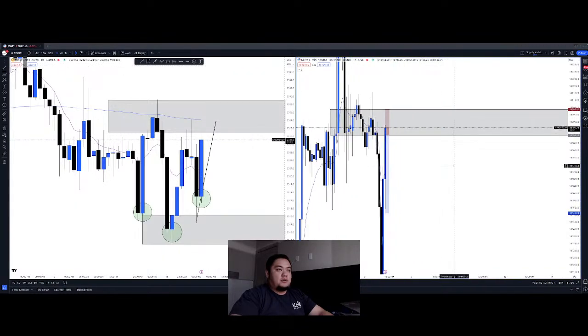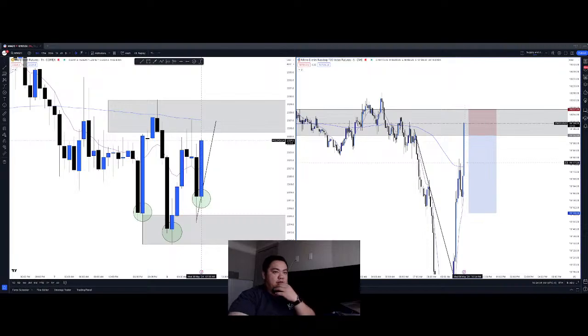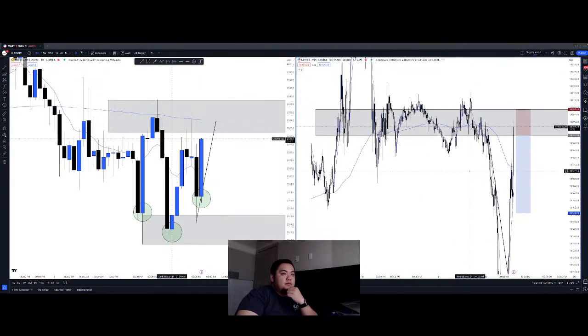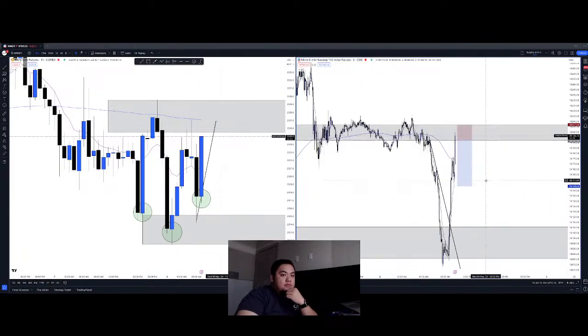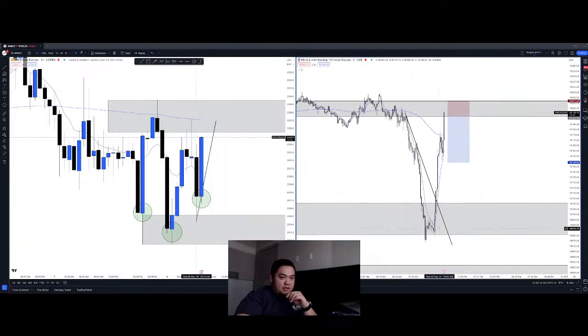I was caught on shorts also on NQ, and now it's running. The longs would have been the play this morning, but I completely got too aggressive on it.